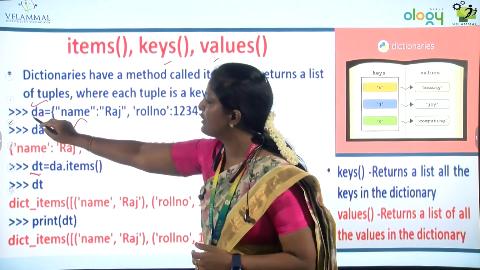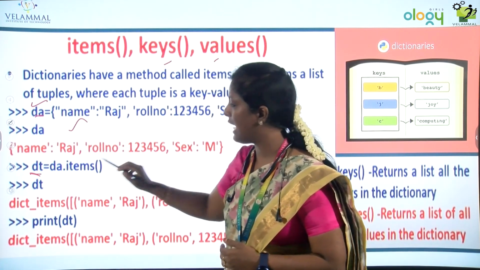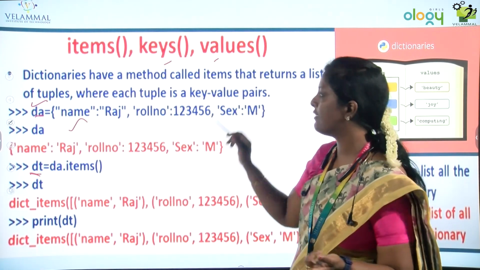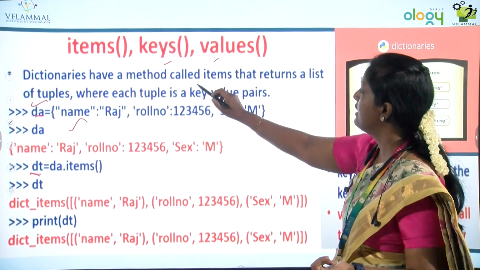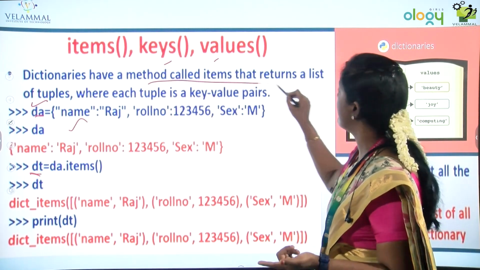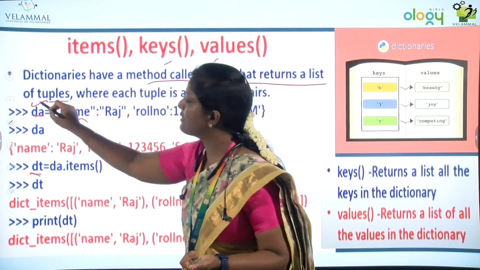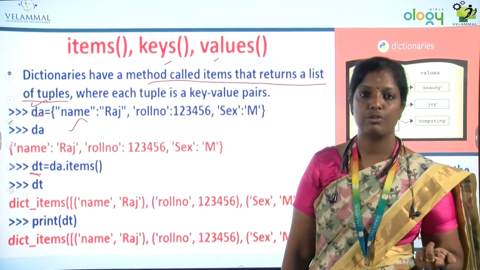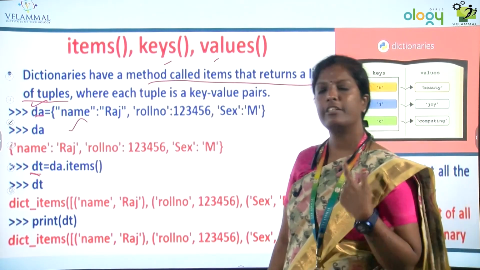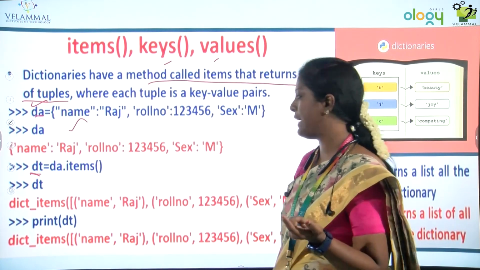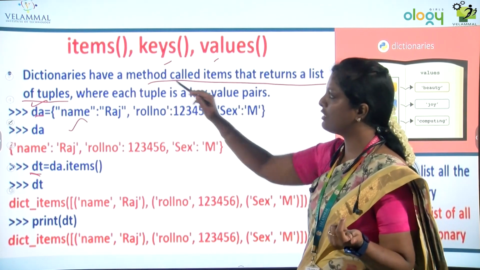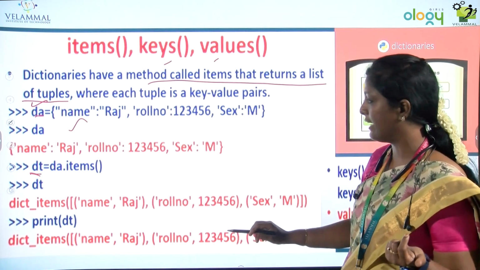My old dictionary name is da dot items. What is the function of da items? It is converted into a list of tuples. It's changing the dictionary values into the form of tuples. This you might need in further programming. So this will be very helpful. This is a very important and helpful one.